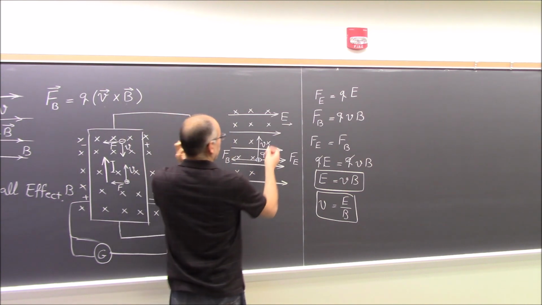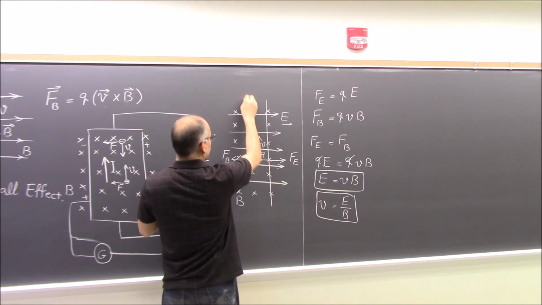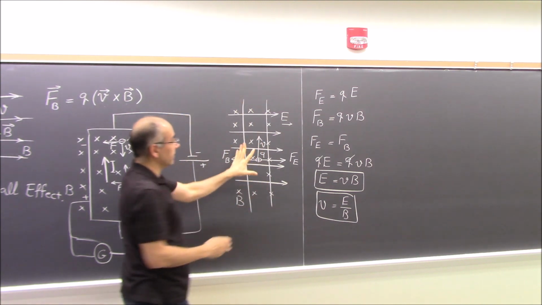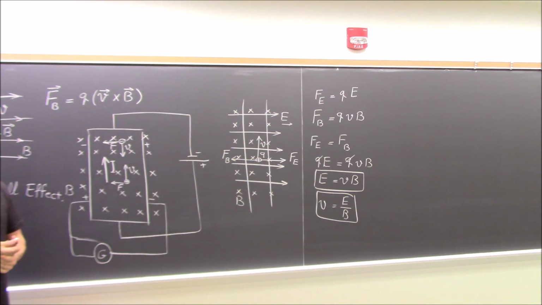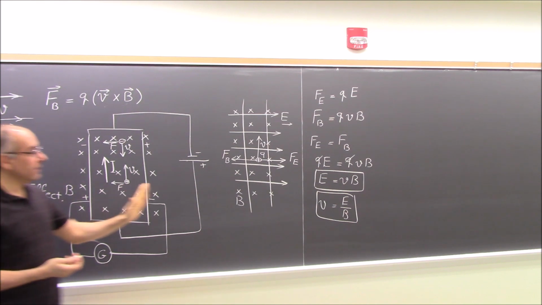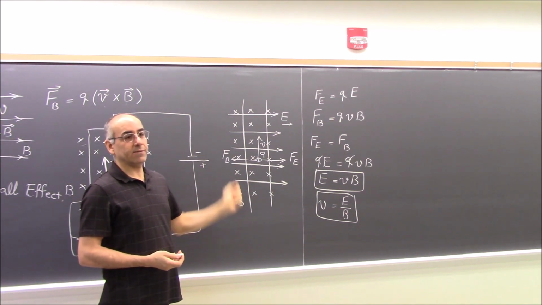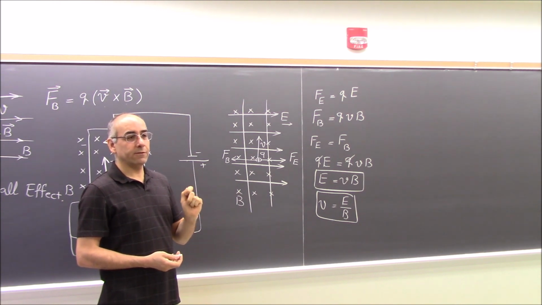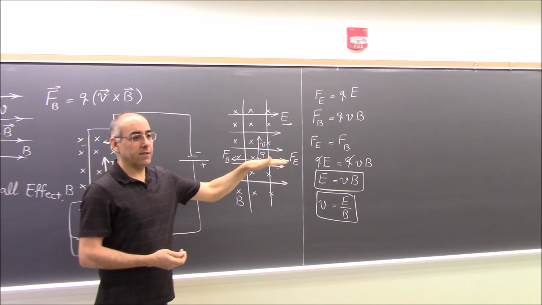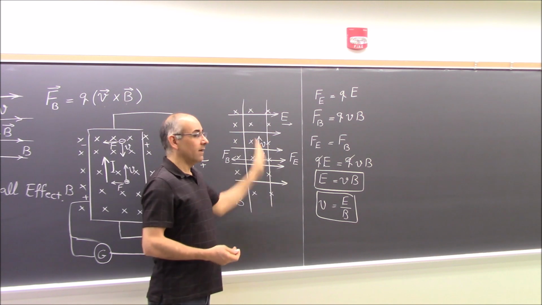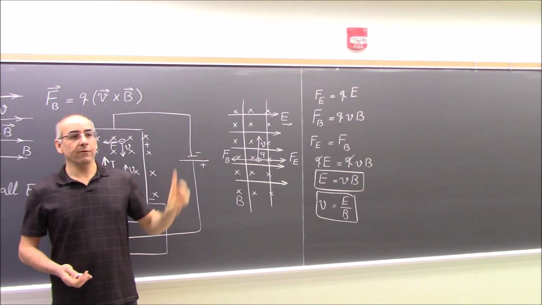So if you have a tube here and send the particles through it perpendicular to both of these fields, it only lets the particles that have a certain speed pass through. The particles that don't have that speed get deviated and hit the sides of this tube, and they don't go through.